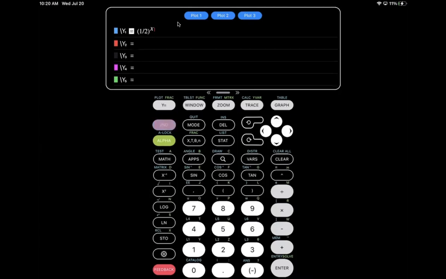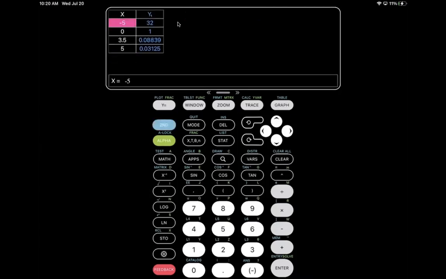Second table. Say -2 is 4. -1 is 2. What about 0? 1, right? And remember, anything to the power of 0 is 1. 1 is 0.5. 2 is a quarter, exactly a quarter, 0.25.